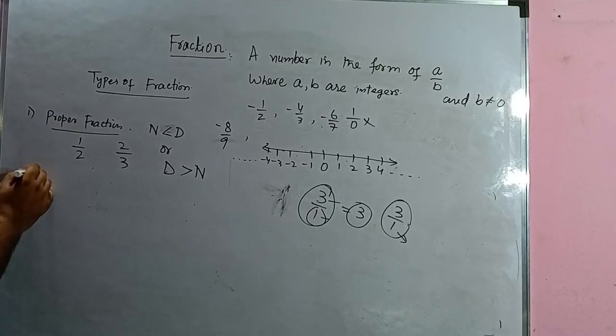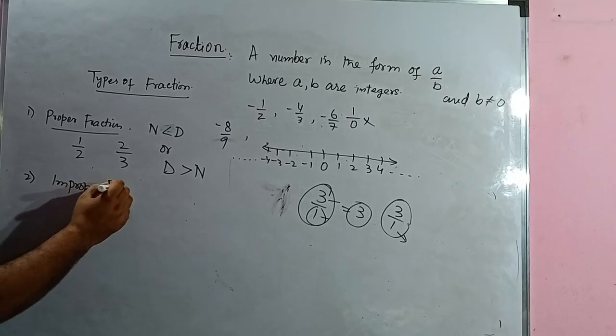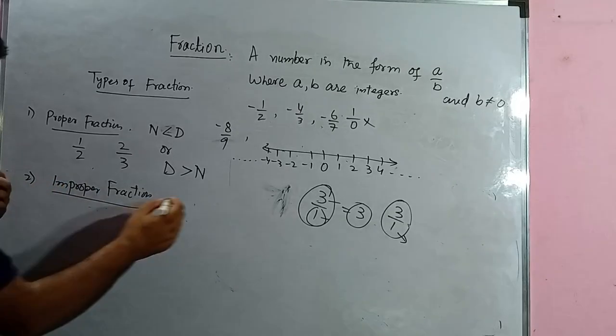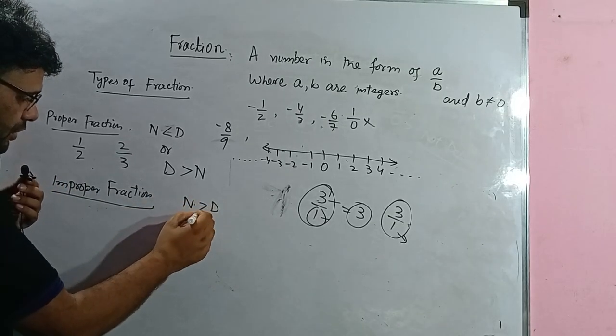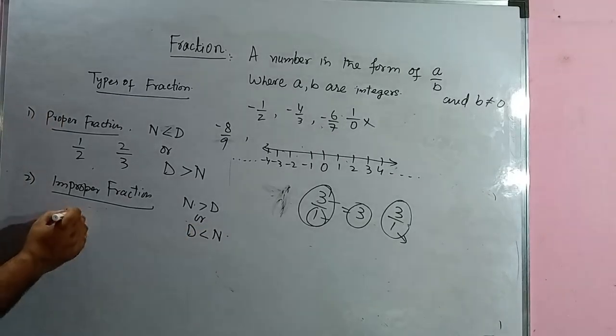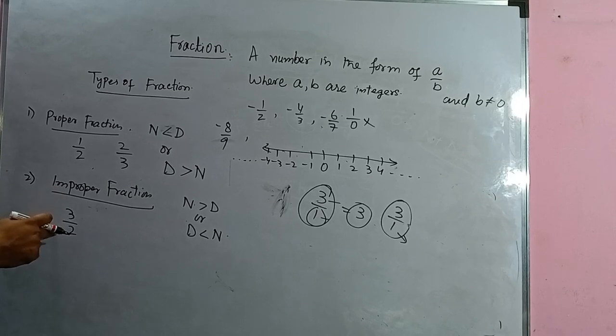And one more we have, that is the improper fraction. What is that? It is the fraction in which the numerator is greater than the denominator, or the denominator is less than the numerator. I will give you the example 3 by 2. Here you can see the numerator is greater than the denominator. This is called an improper fraction.